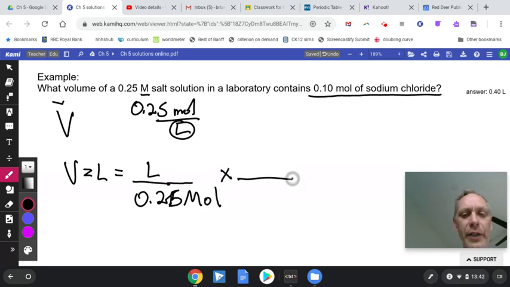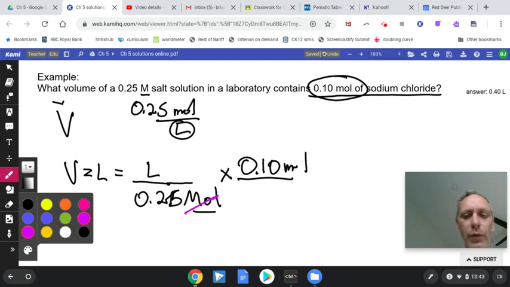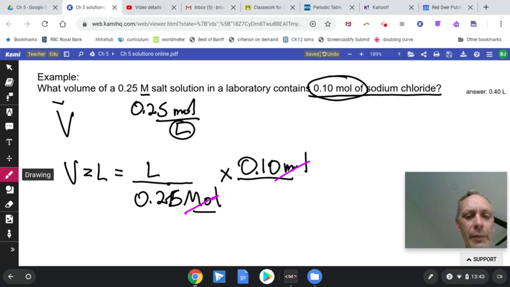So to get my answer, I just need to get rid of this moles, and there's how I do it. 0.10 moles. And now I can cancel out my moles, and I am left with liters, and then the math would be 0.10 divided by 0.25, 2 sig digs, and the correct answer is 0.40 liters.